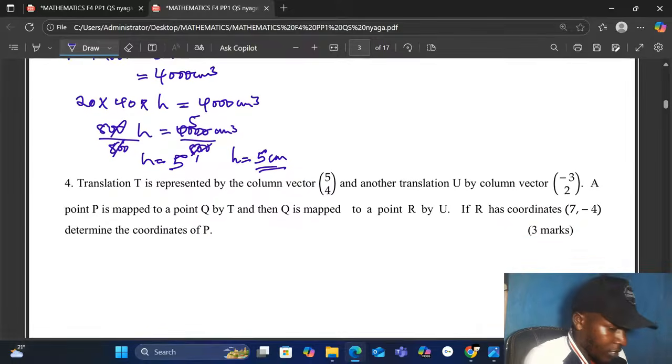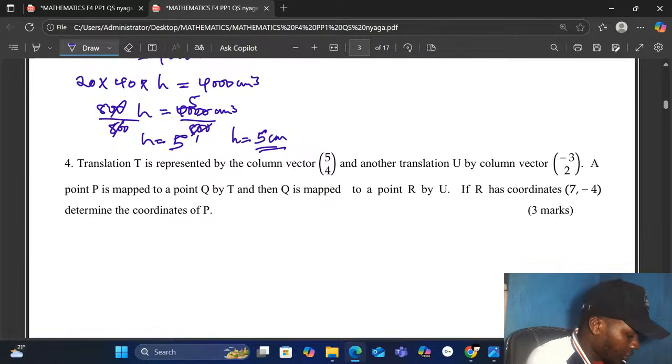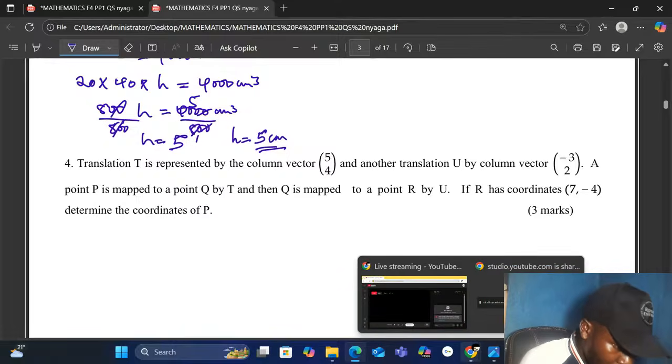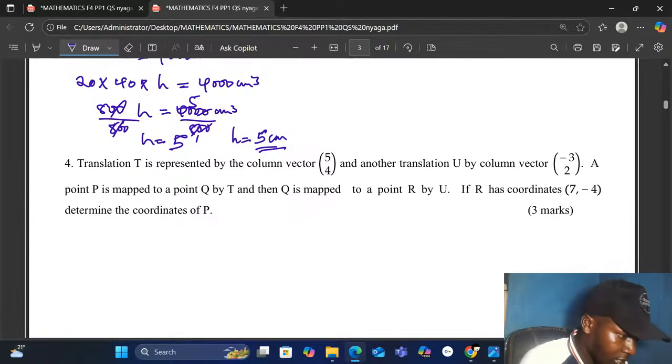Number 4, translation T. Translation T is represented by the column vector (5, 4), and another translation U by the column vector (-3, 2).